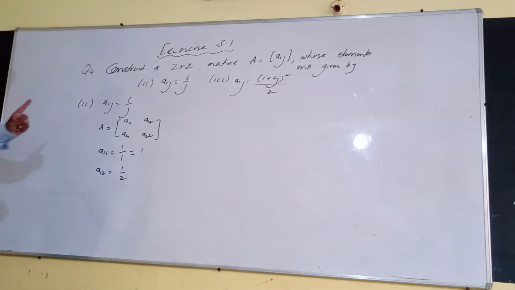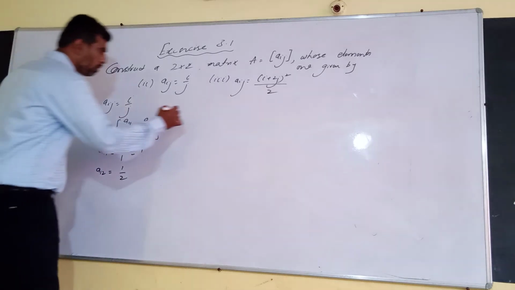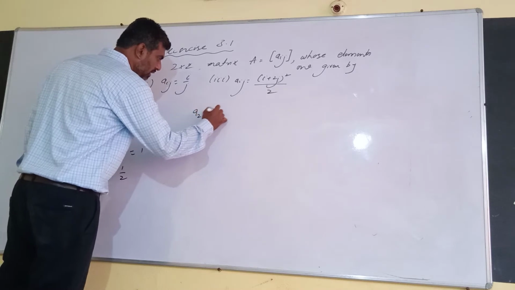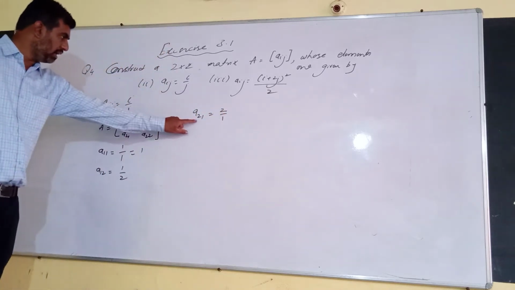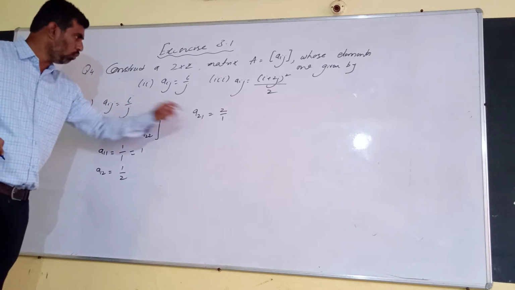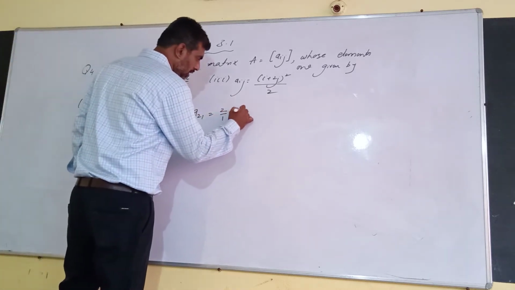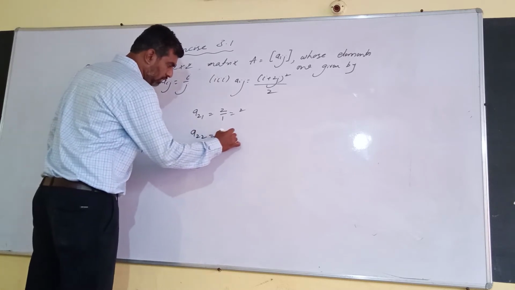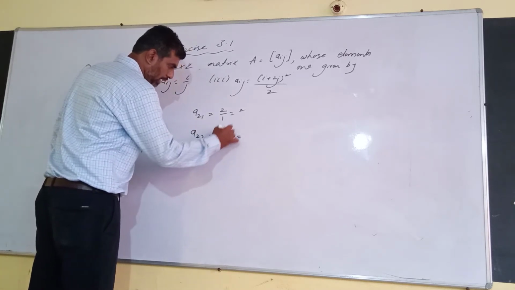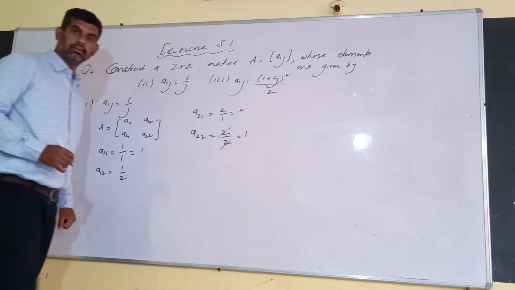We cannot simplify, keep it as it is. Now A21, second row, first column, I value 2, J value 1. 2 divided by 1, 2. Now A22, I value 2, J value 2. 2 gets cancelled, the answer is 1.